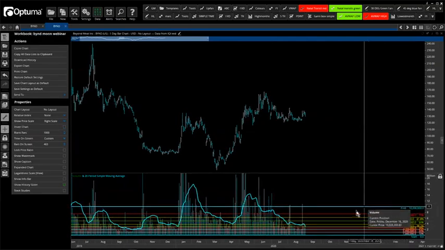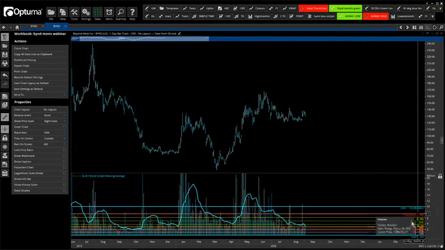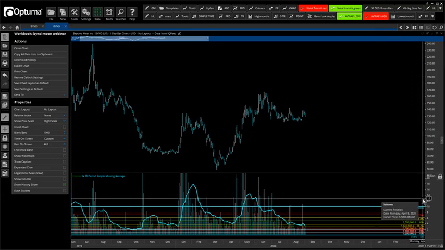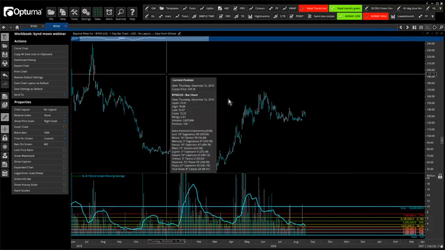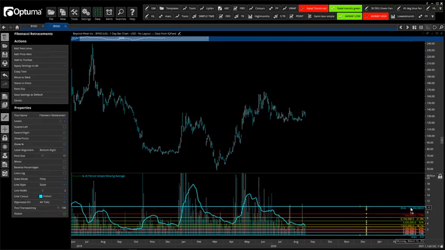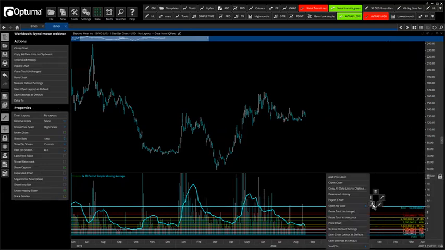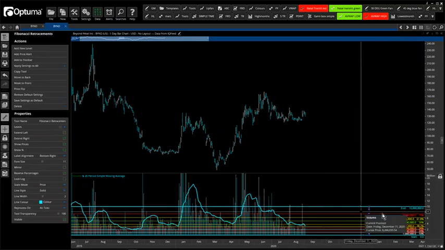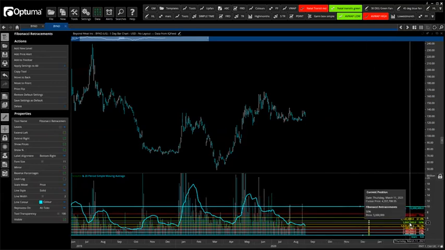In a sense, we could be prepared for any stock with a template by adding multiple levels of this 10 on a daily. So technically, yes, there's this level of 10 million here, but if I just take this, copy it, and if I choose this option here in Optima, paste tool unchanged, it has placed this tool exactly where the other one is. So they're stacked on top of each other.